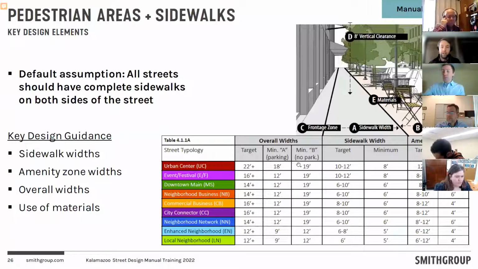So generally, if you don't have on-street parking next to the pedestrian area, you want that to be a little bit wider to have more comfort and separation for people. And then if you do have on-street parking, that parking can help function as a buffer a little bit, and you don't need quite as much room. So that was the pedestrian one.